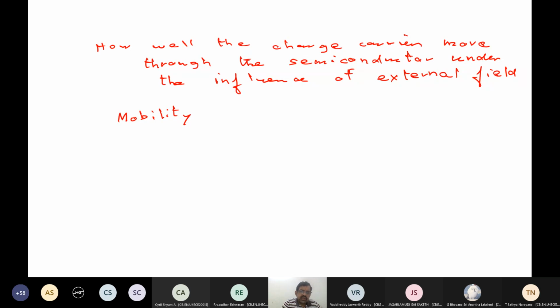So the mobility values are going to be different for electron and hole, and it will also vary from solid to solid. So two things: the electron and hole mobility are not the same, number one. Number two, it will also vary from solid to solid.